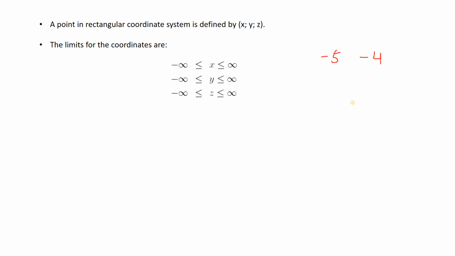and minus 4, which is greater? Minus 4, sir. Minus 4 is greater. That means if you have minus infinity and minus 1, that value will be greater. And between minus infinity and minus 2, that value is greater.